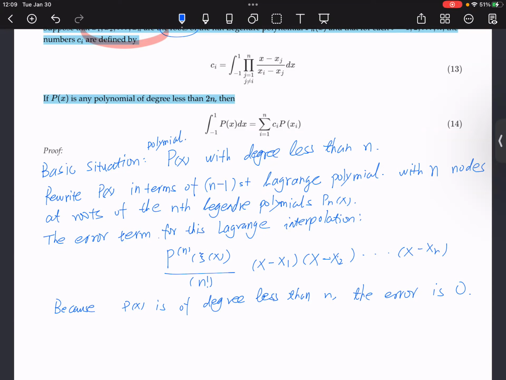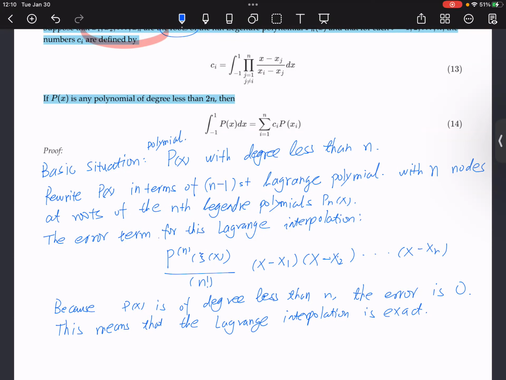So here the error is 0, which means that the Lagrange interpolation here is exact. We don't have error, so it is an exact interpolation.